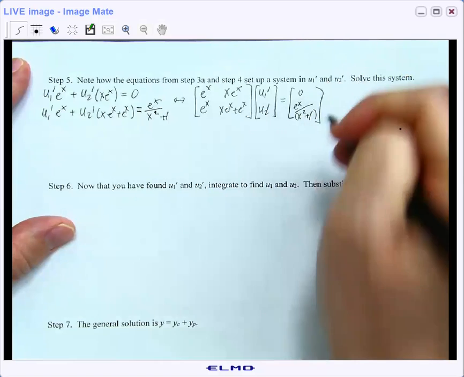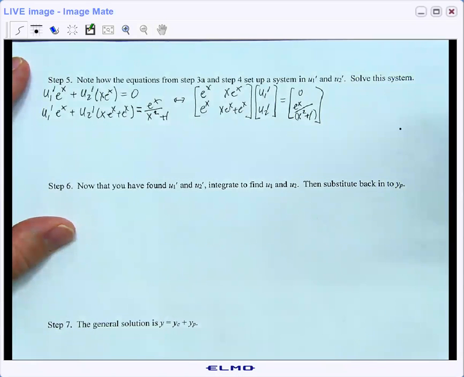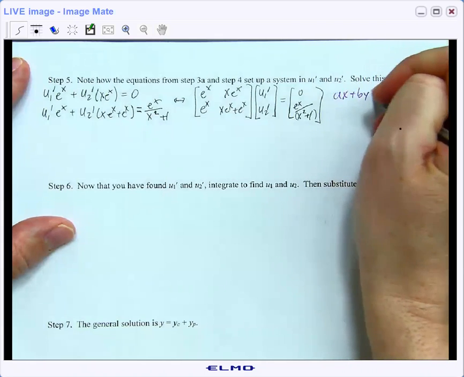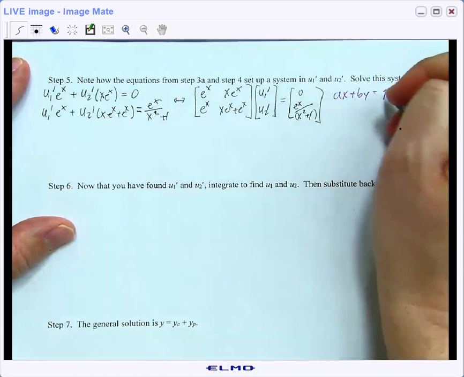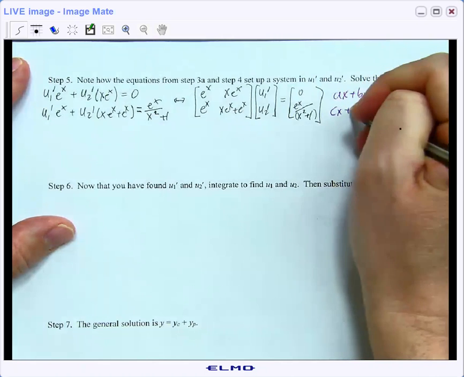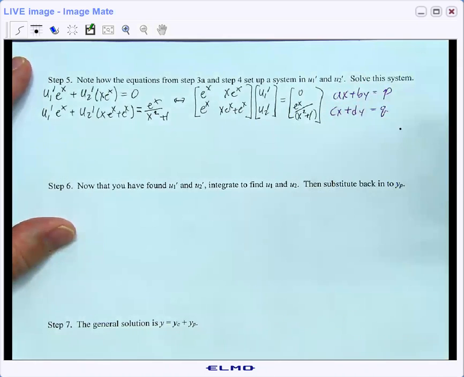Okay, and you will see just how that fits with the ax plus by equals little p and cx plus dy equals little q. And so we can solve this.